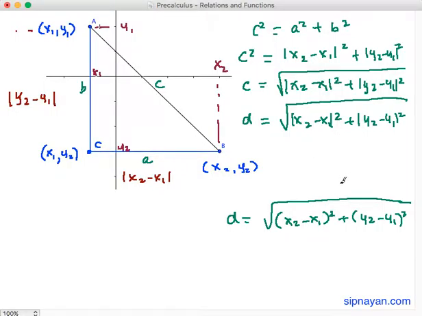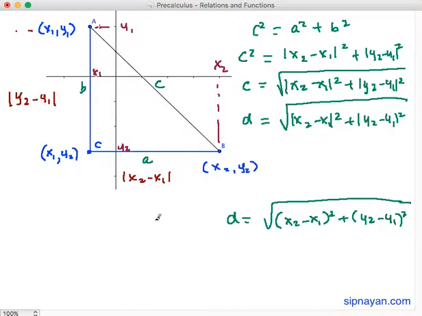The reason it became parentheses is that we don't actually need the absolute value here, because squaring any number results in positive or 0, while the objective of the absolute value is to make the number positive.